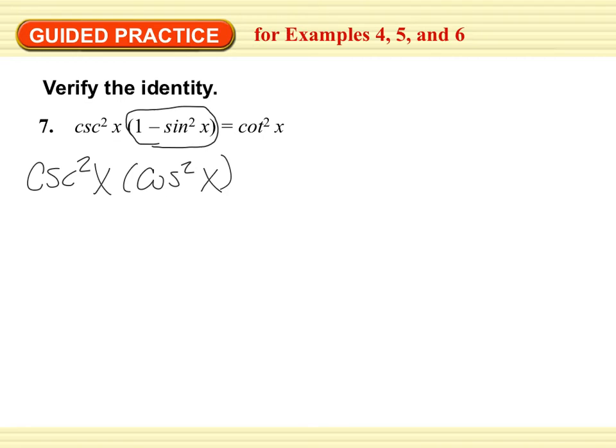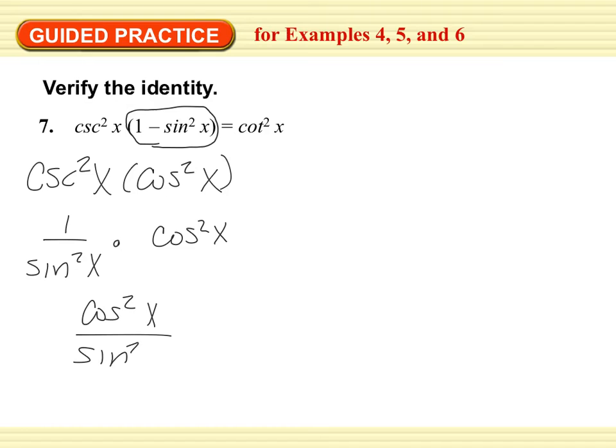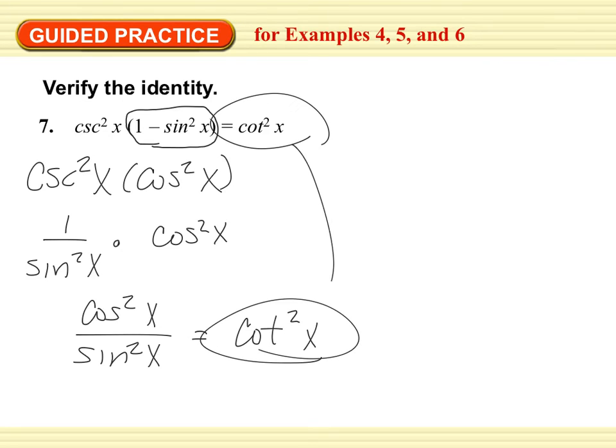What is cosecant? I believe that is 1 over sine squared x. Ooh, I see it. I can do cosine squared x over sine squared x. And I see that is the same as cotangent squared x. So my left equals my right. Yay.